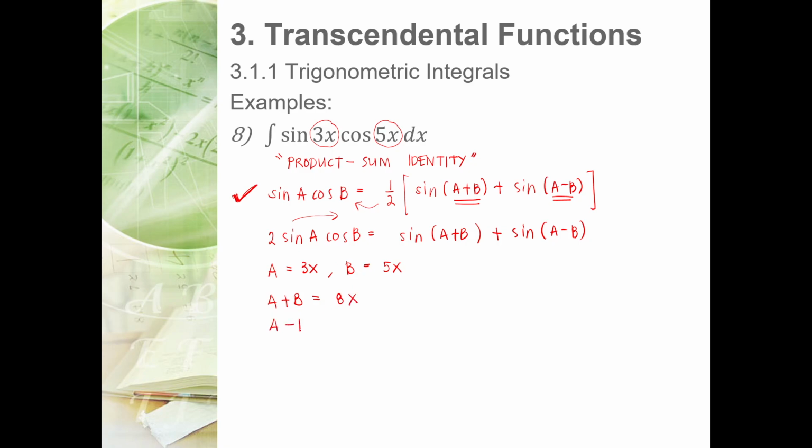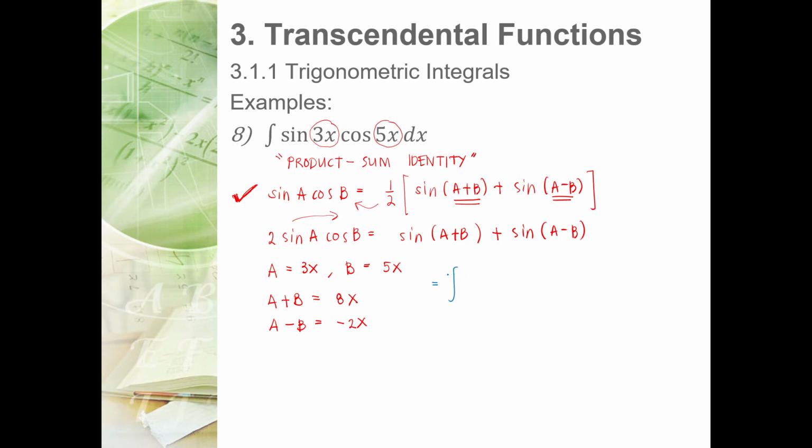Next is A minus B: 3 minus 5 gives us negative 2x. All right, so now we can create another expression using the identity.